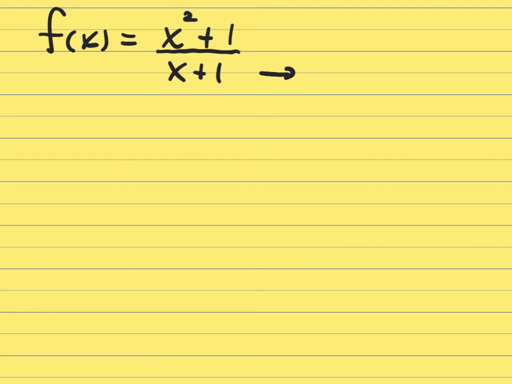The domain: any value of x, as long as it's not negative 1. Negative 1 creates a 0 denominator. So that's our domain. Since we can't factor the numerator and cancel it out, it also represents a vertical asymptote.